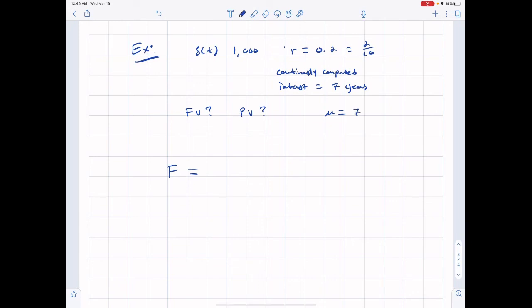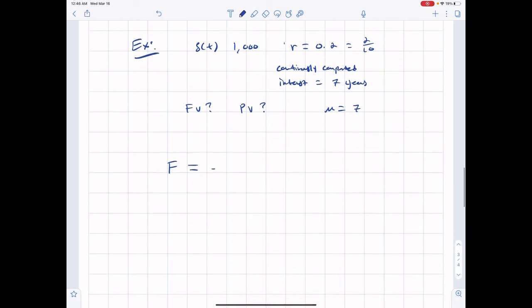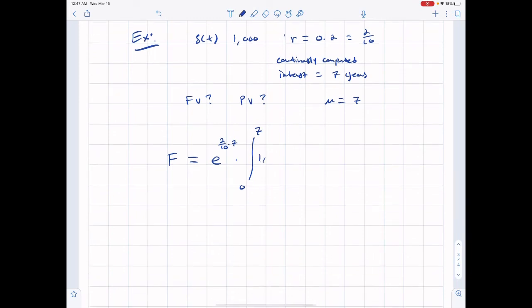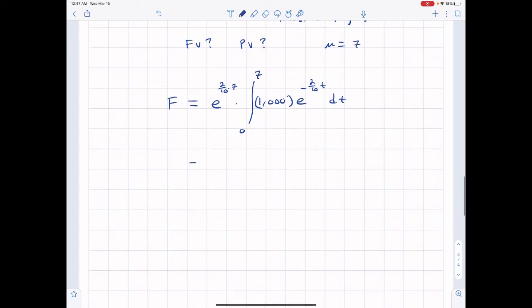My m is 7, so I'm going to be multiplying e to the rm, which is 2 over 10 times 7, times the integral from 0 to 7, 0 to m, of s of t, which is 1,000, times e to the negative r, which is 2 over 10, t, dt. So this is e to the, I can cancel the 2 and the 10, it becomes 1 over 5.